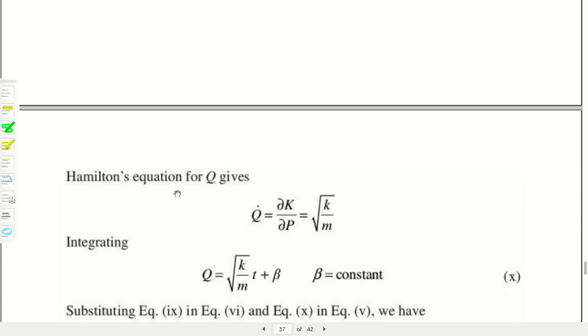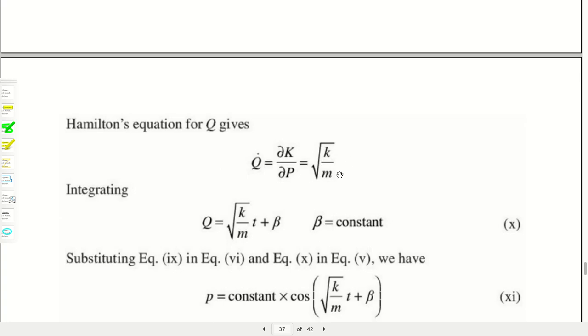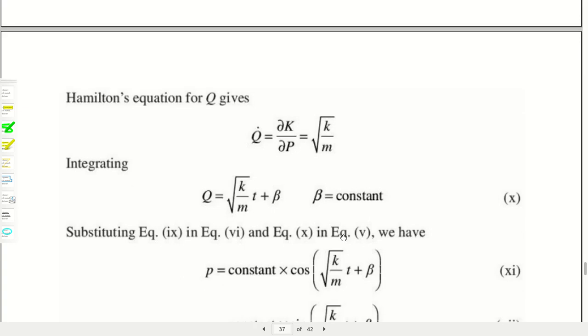But we want to go elsewhere. From the first Hamiltonian equation of motion, Q dot is equal to del K del P, and K is written in terms of P. So del K del P will be root under of k by m. So root under of k by m is equal to Q dot. So Q is equal to root under of k by m, which is a constant, into t plus beta, which is a constant again.